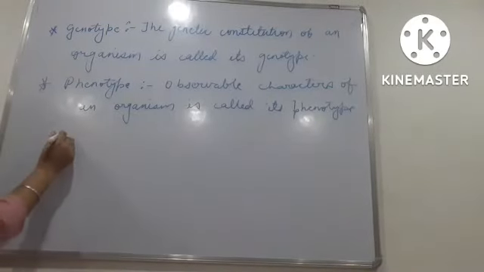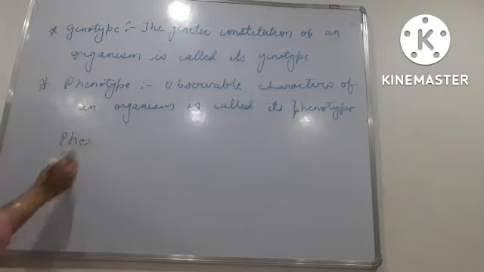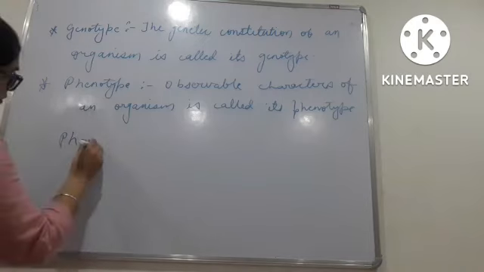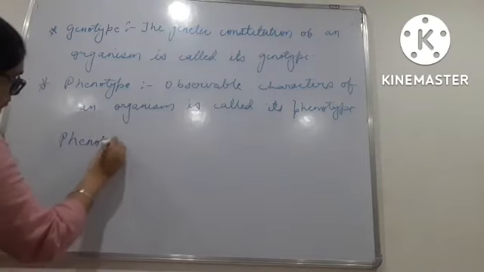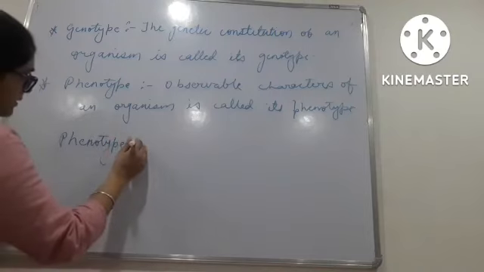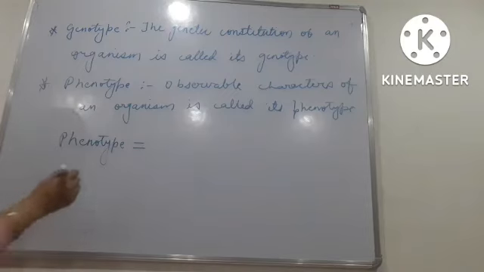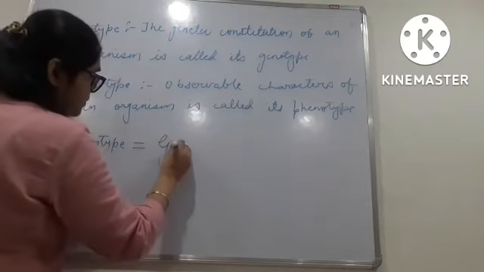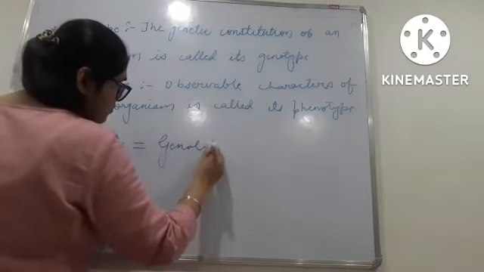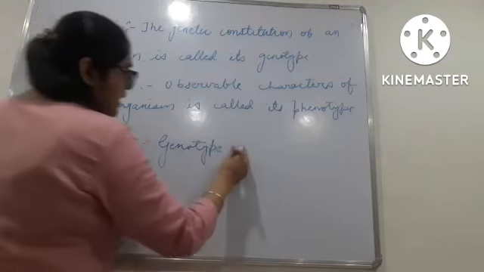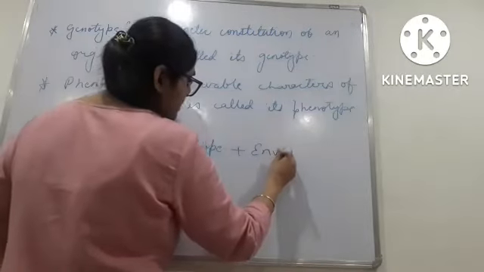So there is an equation of phenotype which states that phenotype is equal to genotype plus environment.